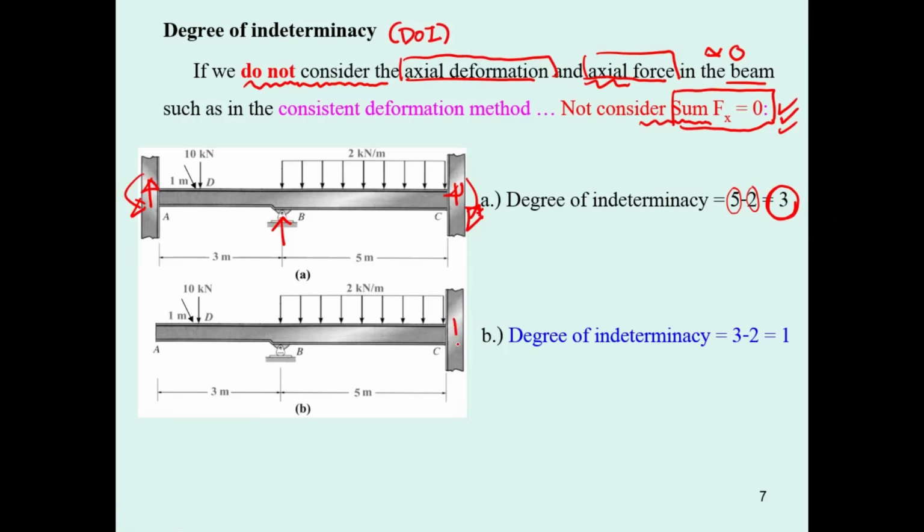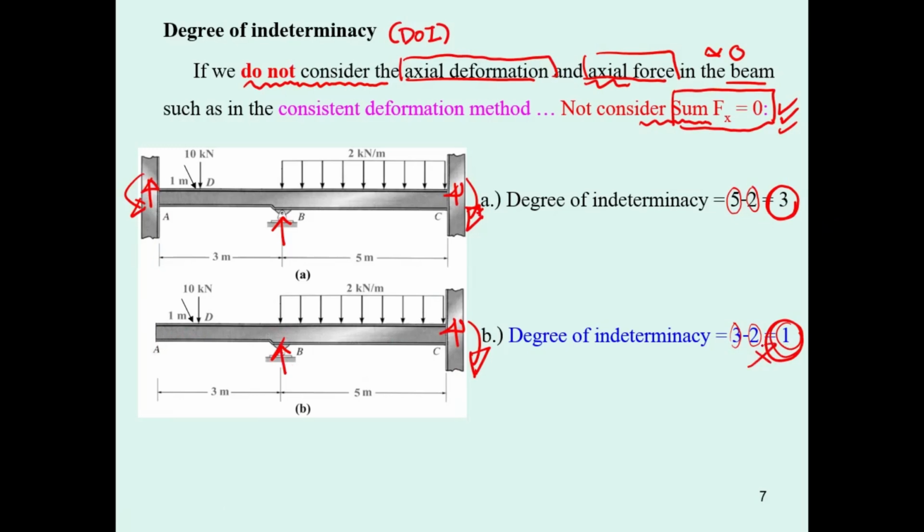And then if we consider another beam, we just free point A from fixed to free, we're going to have a total of 3 unknown forces and moments. And again, the number of equations of equilibrium is reduced from 3 to 2. So this problem is going to be 1 degree of indeterminacy.